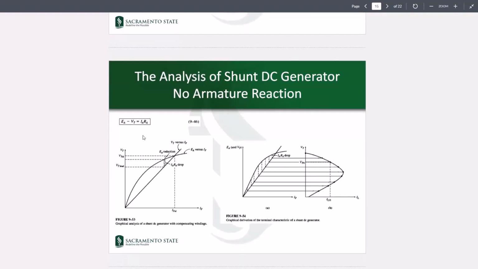So take in the practical considerations: if there is an IA existing in your armature, the RAIA would be associated with the voltage drop, which would be like a line segment. If you just scroll that line segment between the EA curve and this VT versus IF line, one side of it would be on the EA curve, the other side would be on this line.